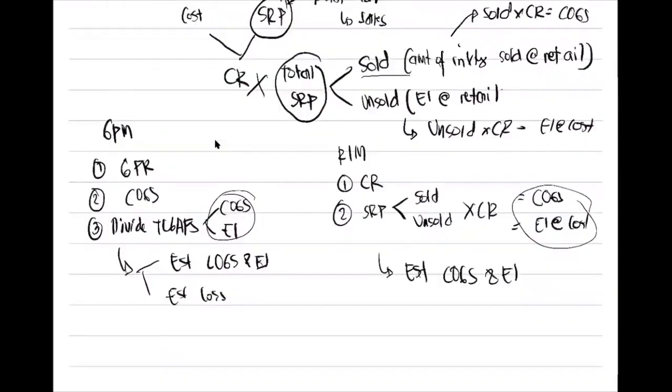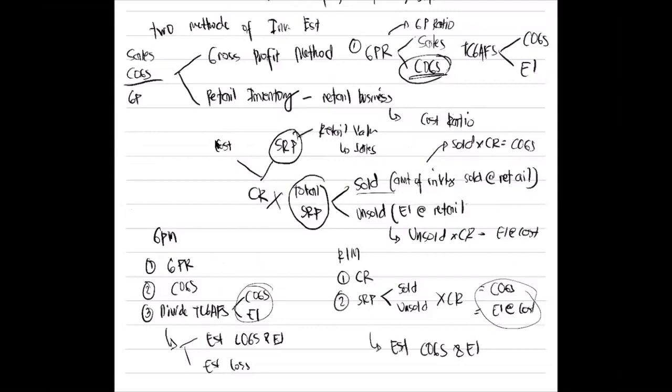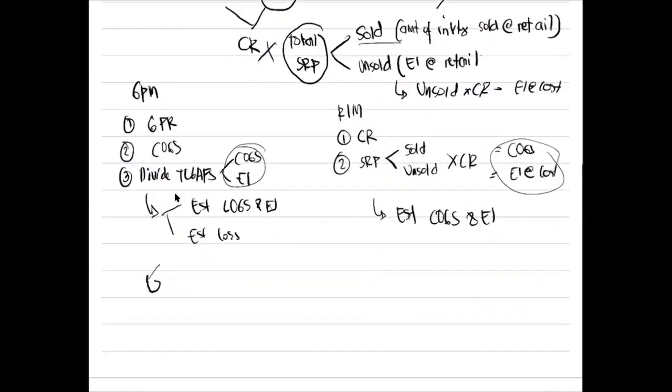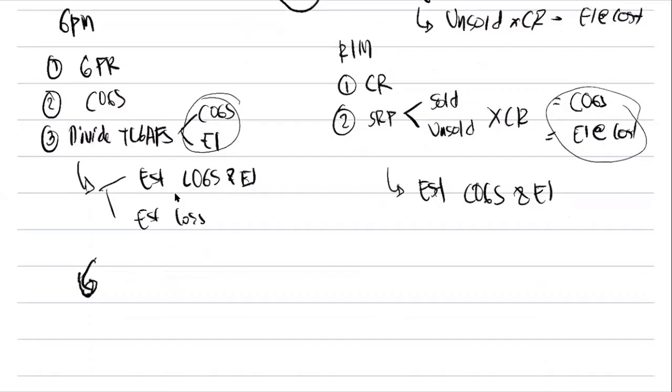Okay, so that's it for our two methods of inventory estimation. So we start now in our inventory estimation, and we start with your gross profit method. Okay, so we already have an idea of what the gross profit method is.